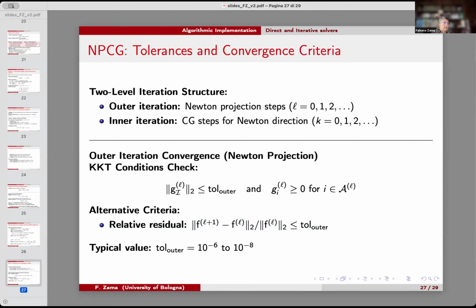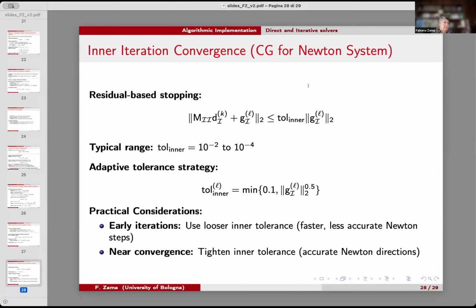On the other hand, this is the standard Karush-Kuhn-Tucker condition. You have to check the gradient conditions, but in our case it was simpler to use this relative error test, and so we didn't need to use this classical stopping criterion. And then concerning the residual based stopping for the conjugate gradient, we use this setting.